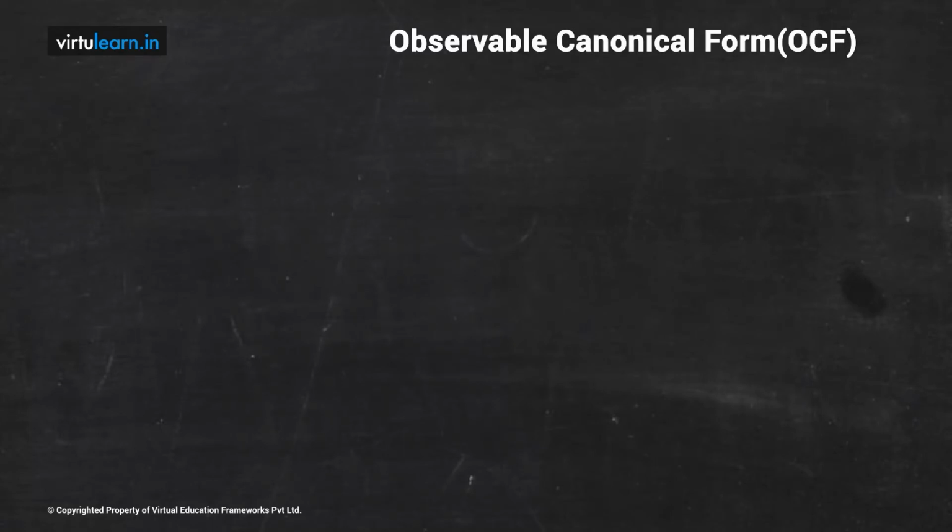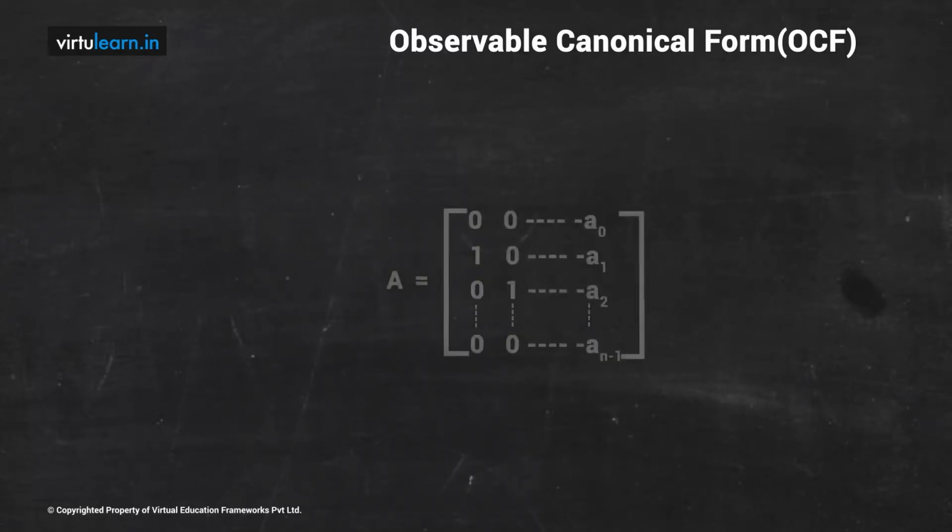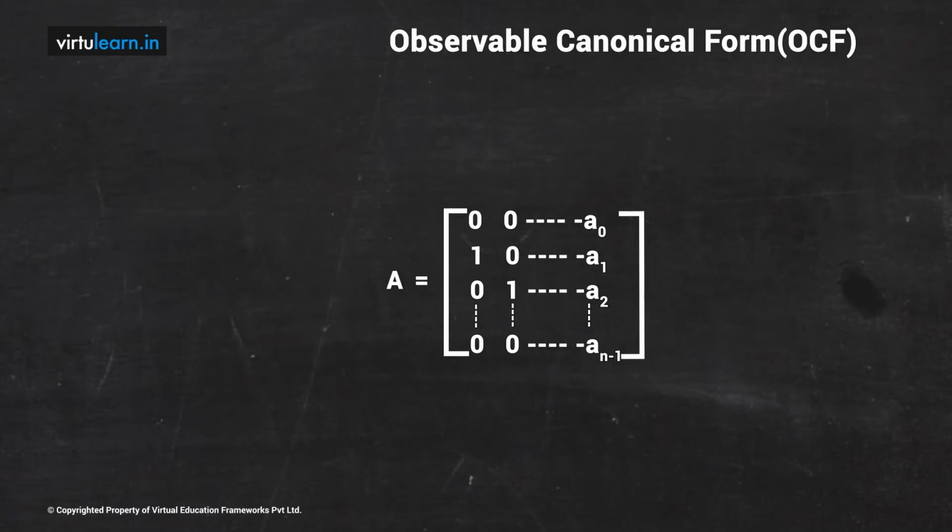Now we can also generalize this like your CCF form, OCF form. When you generalize it, what is the A matrix? You have the first column 0, 1 and all zeros. The second column 0, 0, 1 and all zeros. So this 1 is shifting like this. And what will be the last but one column? All zeros, the last element is 1. And what are the entries of the last column?